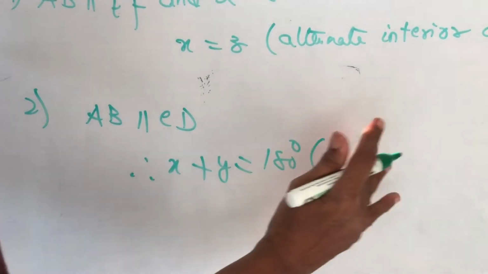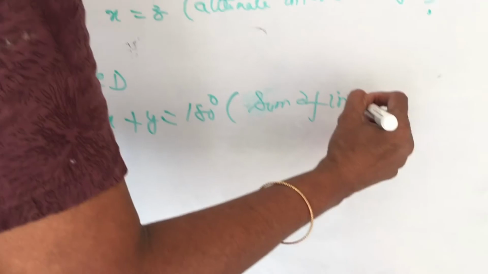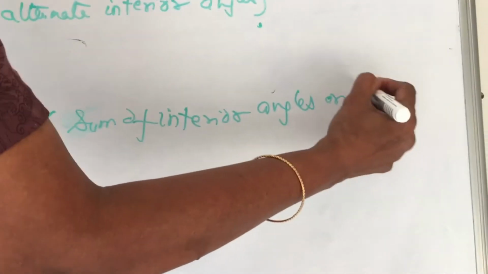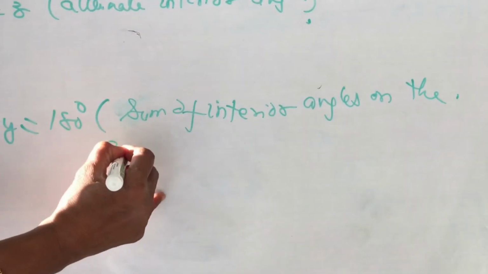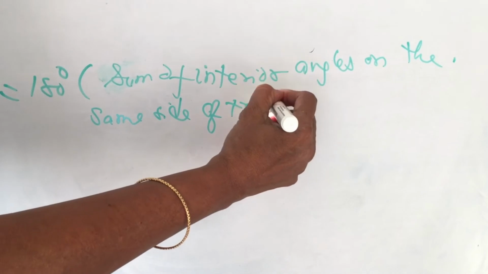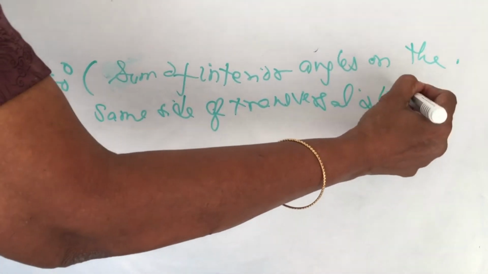The reason is the sum of interior angles on the same side of the transversal is 180 degrees.